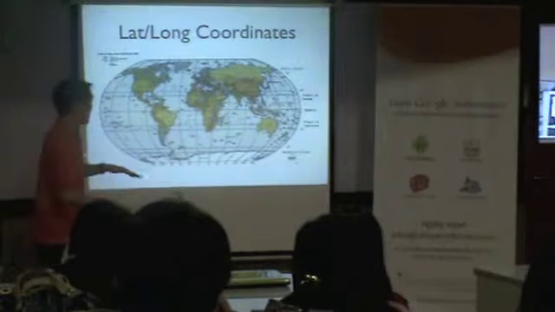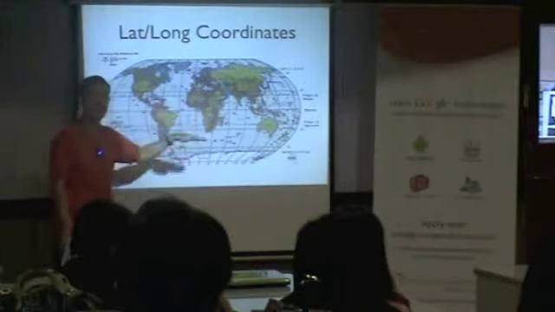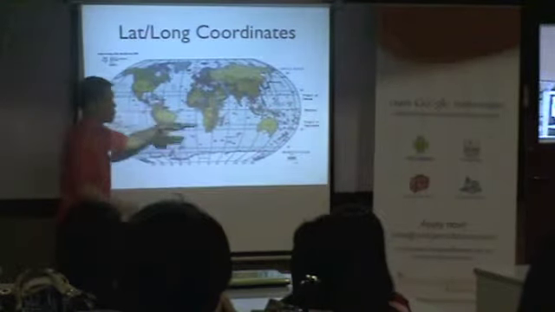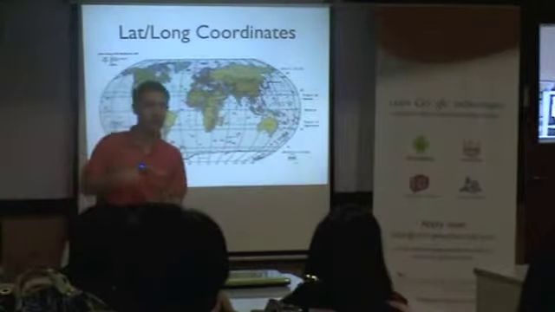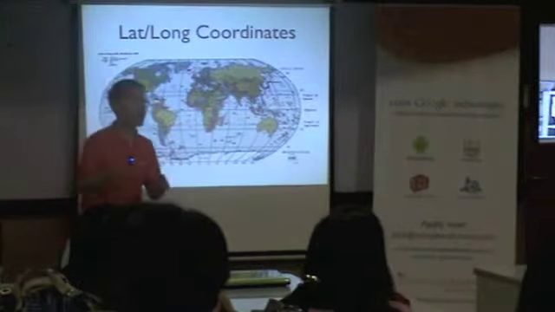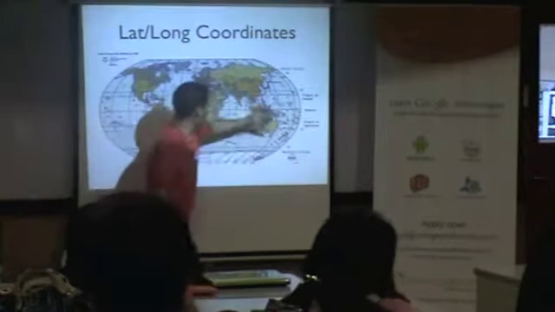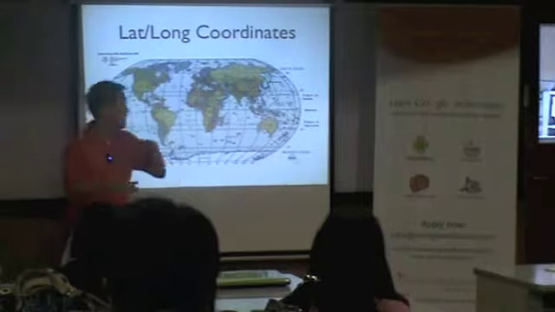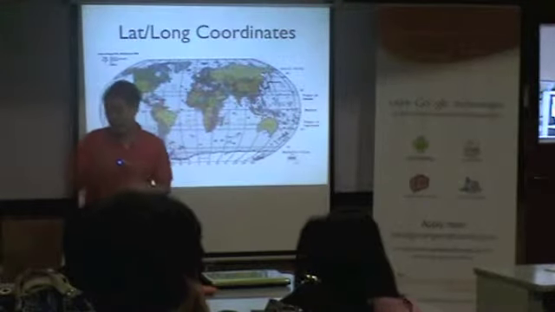A bit of a backgrounder: latitude would be the horizontal lines. Latitude 0 is the equator. Does anyone know if we're north or south of the equator? We're north. So the Philippines is somewhere there, and Manila is about 14 degrees north.